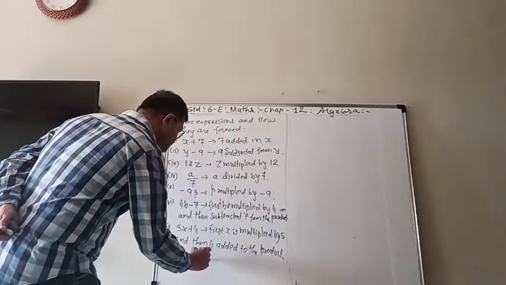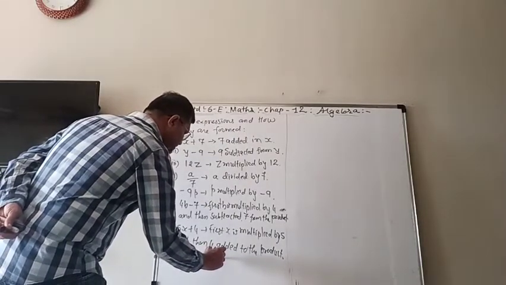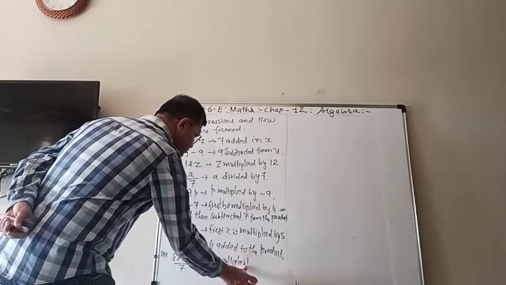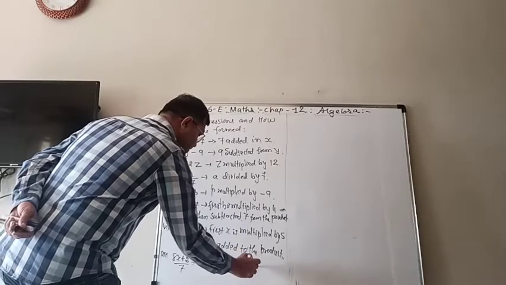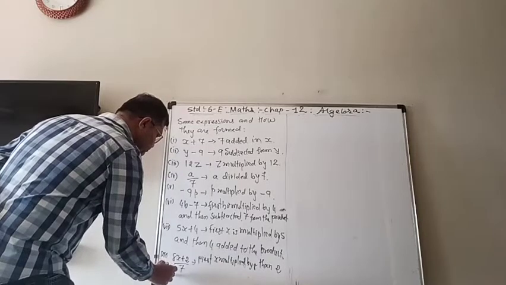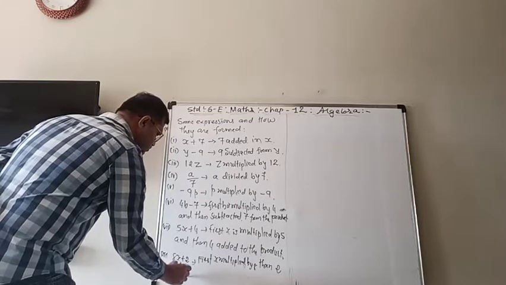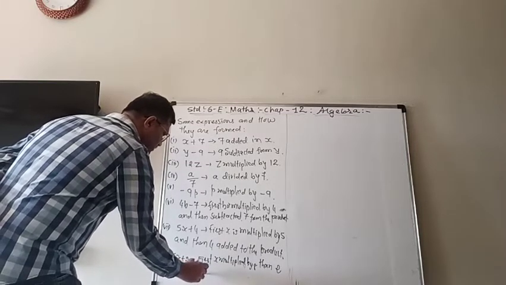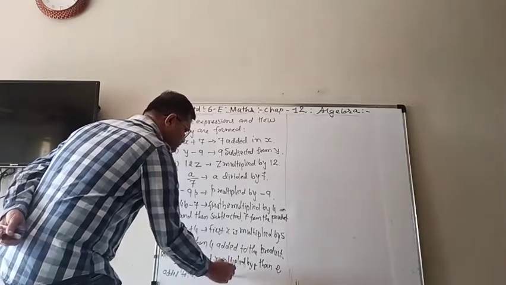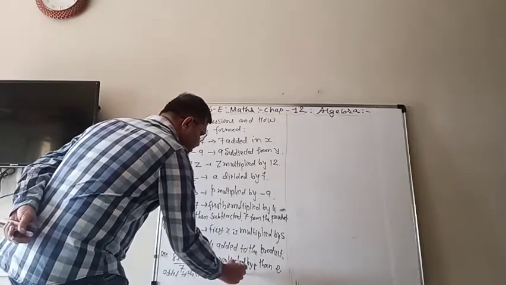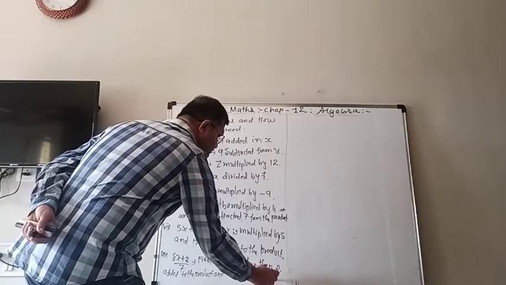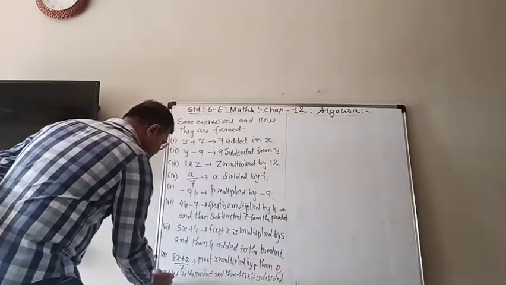First, x multiplied by 8, then 2 added to the product and then the result is divided by 7.